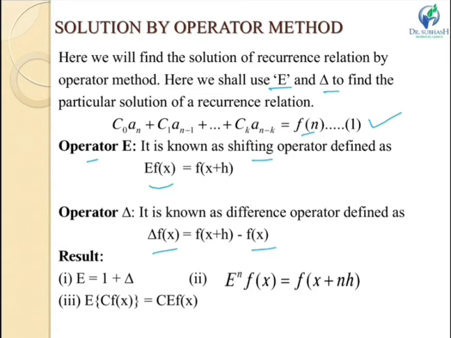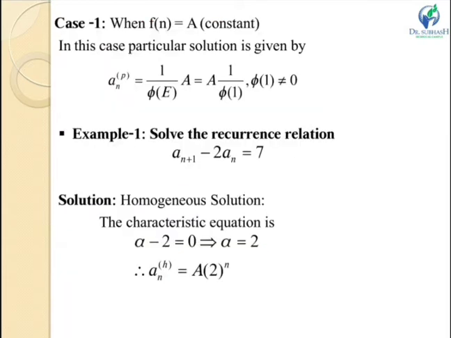These are the results: E equal to 1 plus delta, or you can say delta equal to E minus 1. E raised to n f(x) can be written as f(x plus nh), and E into c f(x), where c is the constant, can be written as c into E f(x).